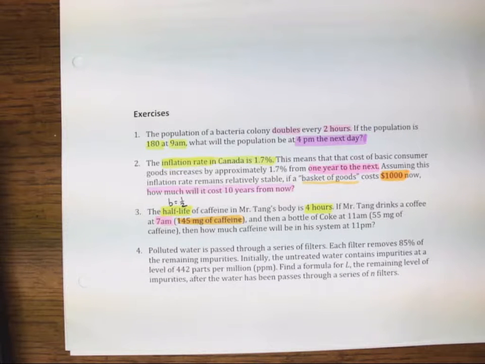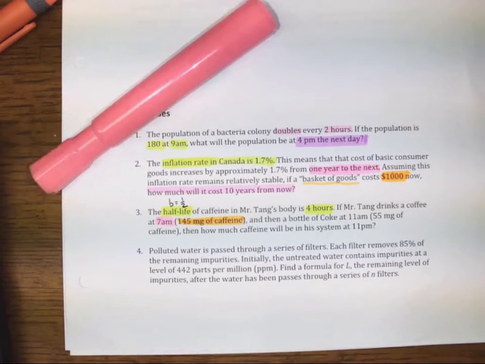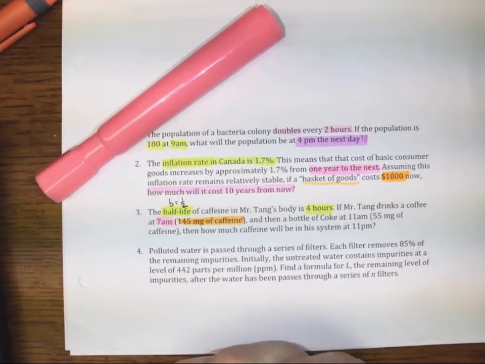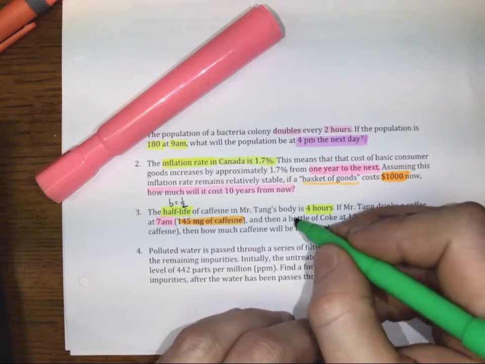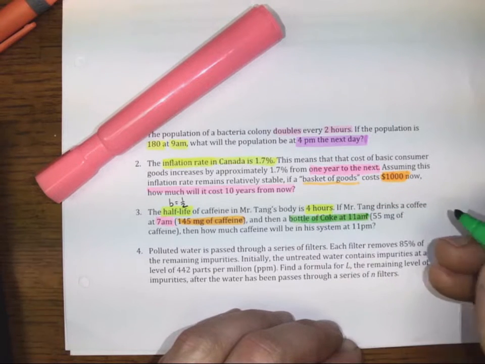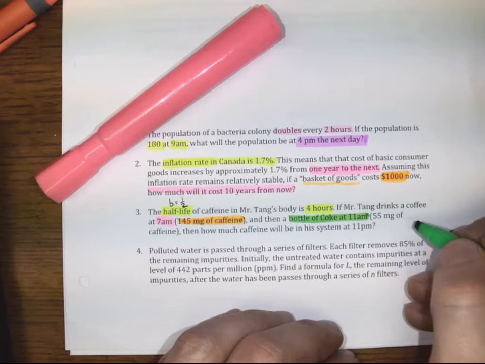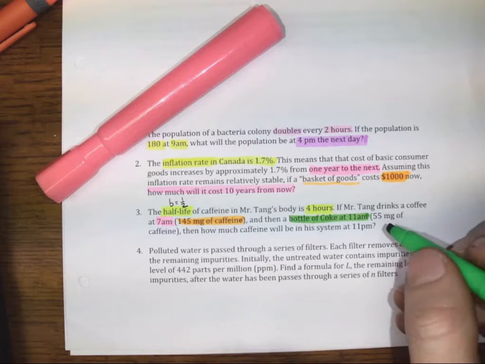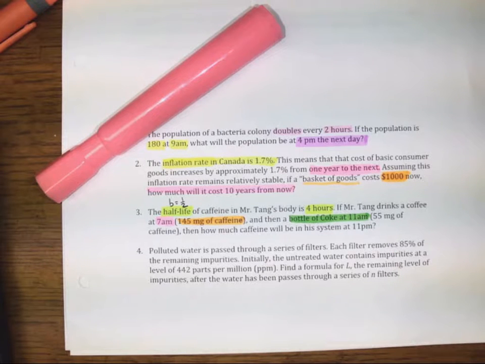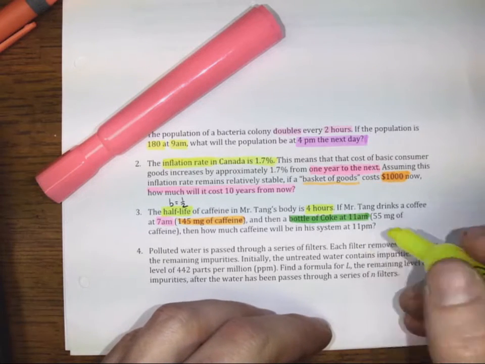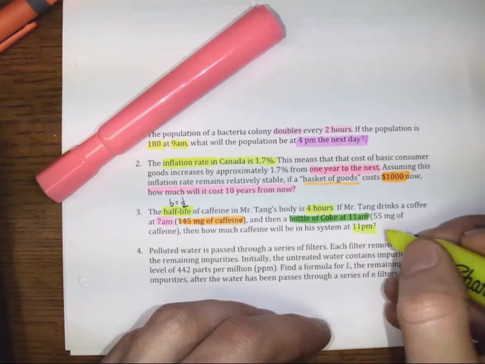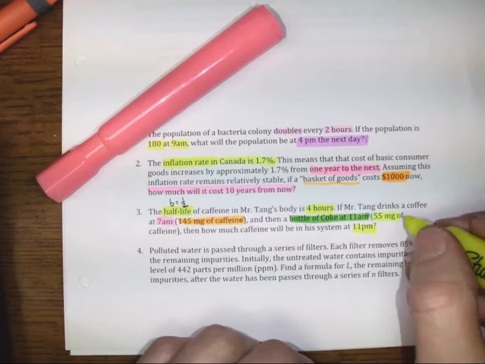And then he has a bottle of Coke at 11 a.m. That's 55 milligrams of caffeine. How much caffeine will there be in his system at 11 p.m.?